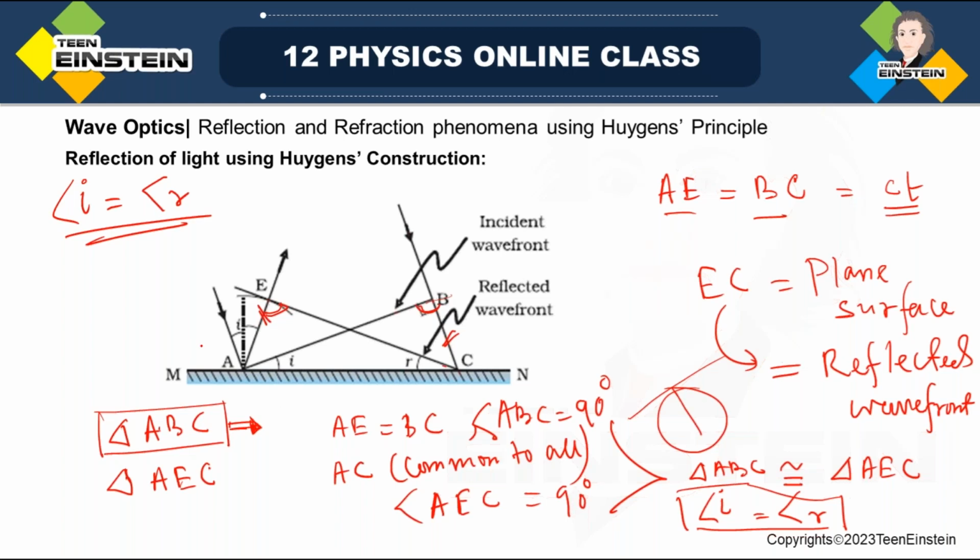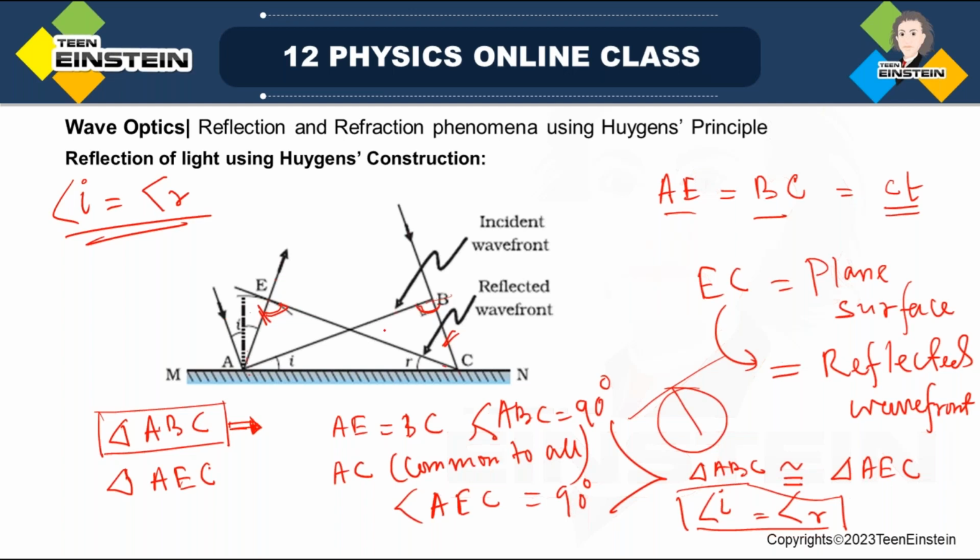Now look here, the incident ray, and this is the reflected ray. And this is the perpendicular, the normal to the plane. You can see these are all in the same plane. So this is how we can explain the laws of reflection. Now we'll go to the laws of refraction.